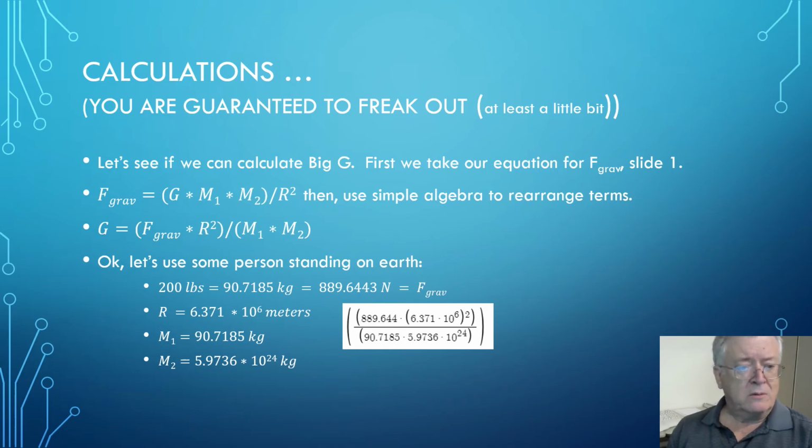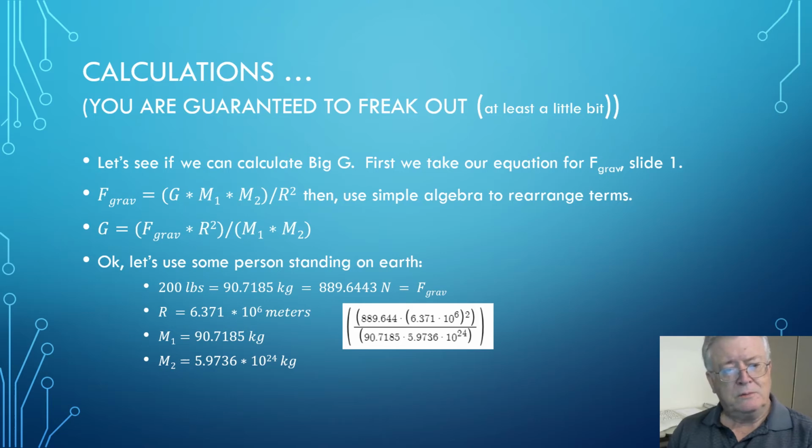Big R, the distance between the two objects. Since this person is standing on the surface of the earth, R would just be simply the radius of the earth, which is 6.371 times 10 to the 6th meters. And you can look that up anywhere. Mass 1 is 90.7185 kilograms.